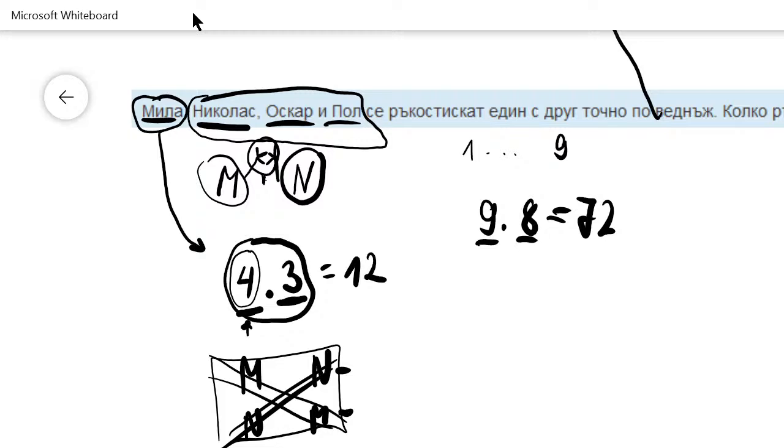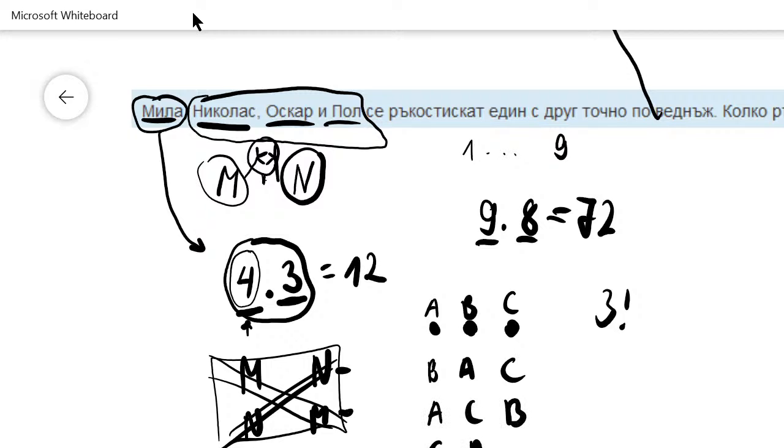So we have to divide it by 2 factorial, exactly, because we have 2 places, let's say A, B, and we can type that as B, A. And if we had, let's say, 3 places, A, B, and C, we can type them in 3 factorial ways, which are, I will just type them to be more clear for you: A, C, B; B, C, A; B, A, C; C, B, A. By the way, we have a short name for that.